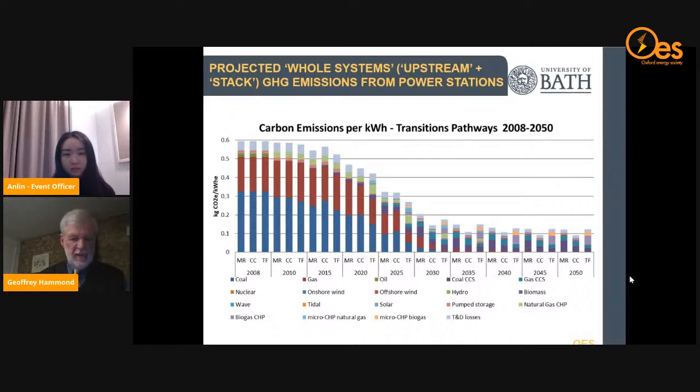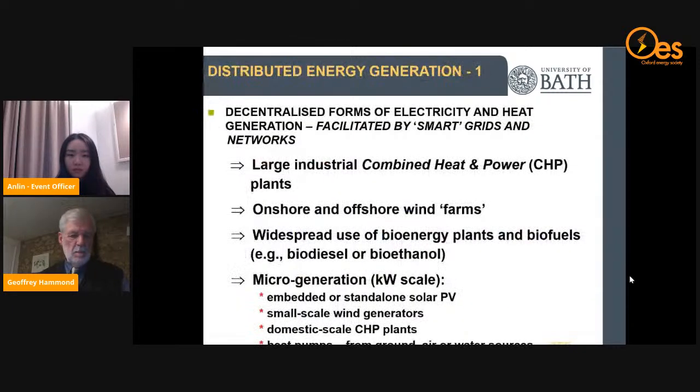If you remove the stack effects, then you'll be going much closer to zero. And this is one of the things that we identified to policymakers that they need to think about. Policymakers tend just to think about what happens for the operational energy and the operational emissions, the so-called stack emissions, but they actually need to take account of what happens upstream of the power station if they're going to get the full benefit and indication of what each of these pathways, each of these scenarios, is going to indicate. Next slide, please.